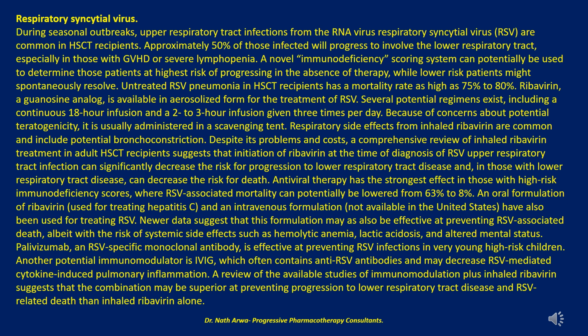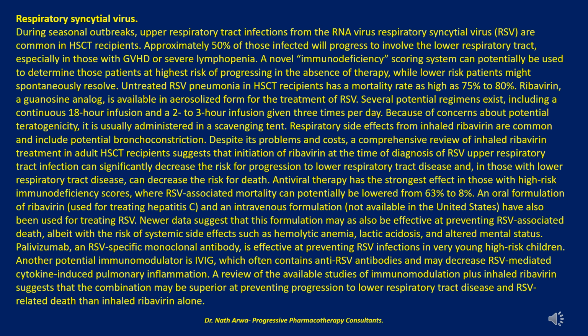Approximately 50% of those infected will progress to involve the lower respiratory tract, especially in those with graft versus host disease or severe lymphopenia. A novel immunodeficiency scoring system can potentially be used to determine those patients at highest risk of progressing in the absence of therapy, while lower-risk patients might spontaneously resolve.